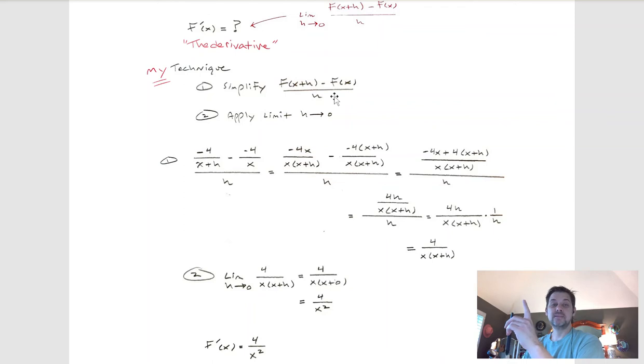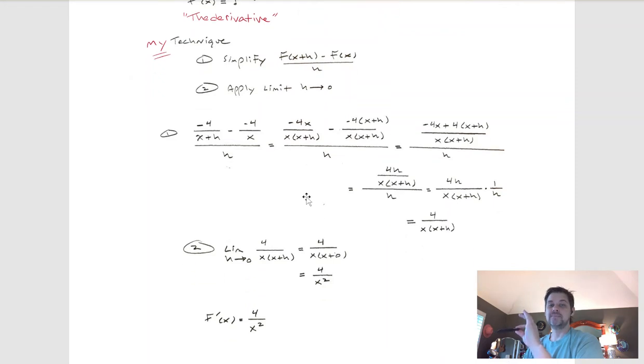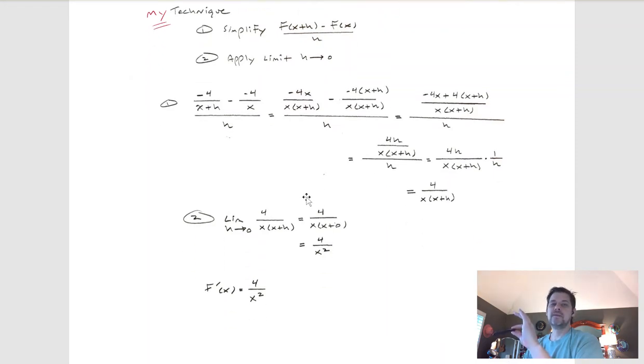I'll simplify that to the point that it can get no simpler. And then after that's done, I'll apply the limit. What you're about to see is me doing it that way. So first we'll simplify this difference quotient. Remember, this is called the difference quotient.